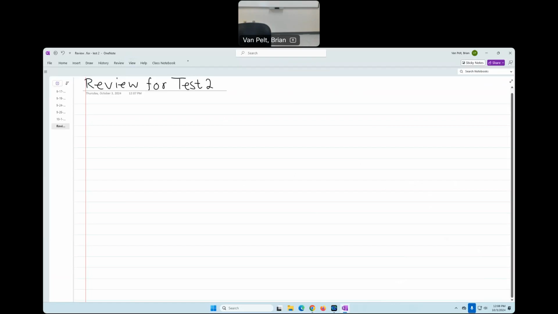So let's start with sample space. That's the most basic thing to the discussion of probability. Can you tell me what a sample space would be?